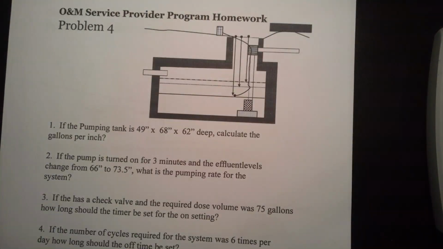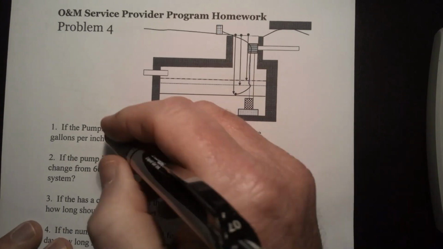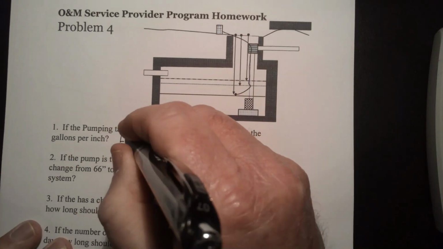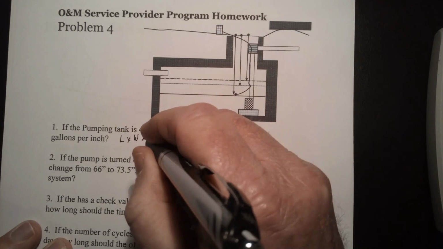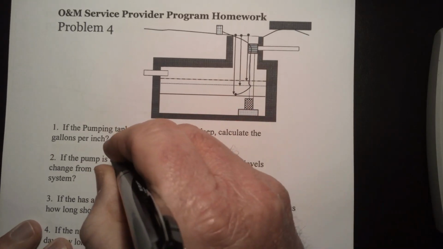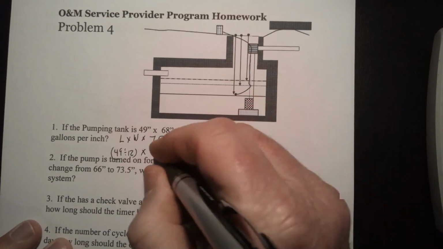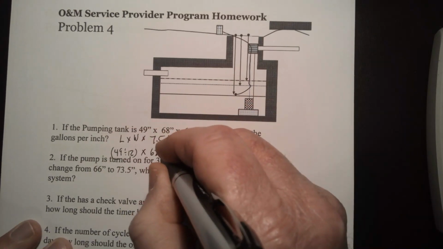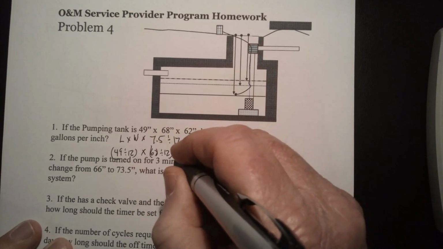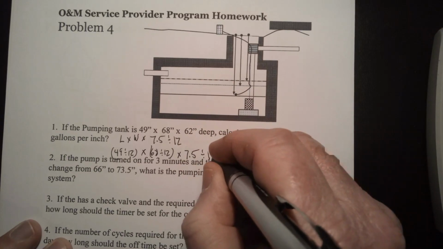So again, we're working on a pump tank, and so the first thing we're going to do is calculate the gallons per inch. That's going to be the length times the width times 7.5 divided by 12, which is going to be 49 divided by 12 times 68 divided by 12 times 7.5 divided by 12.